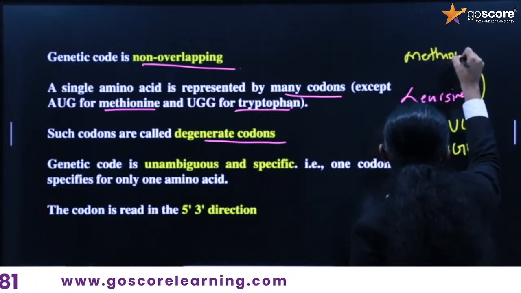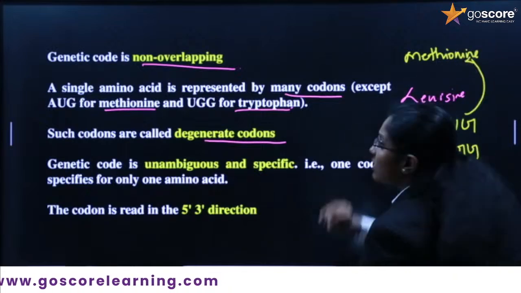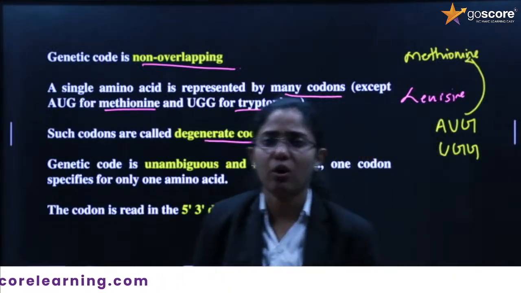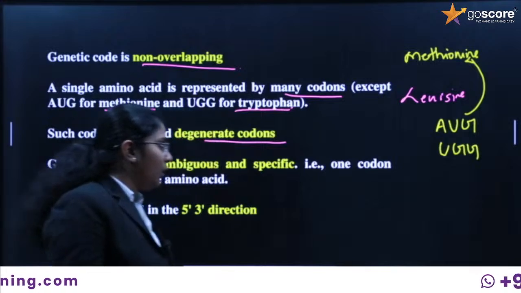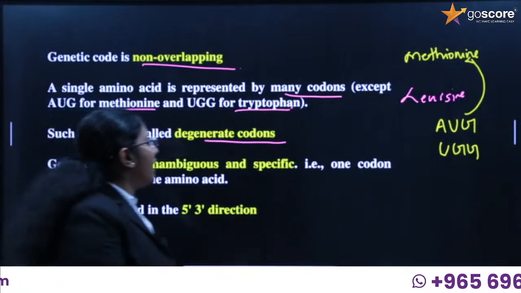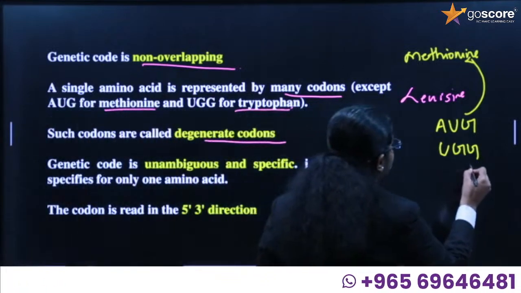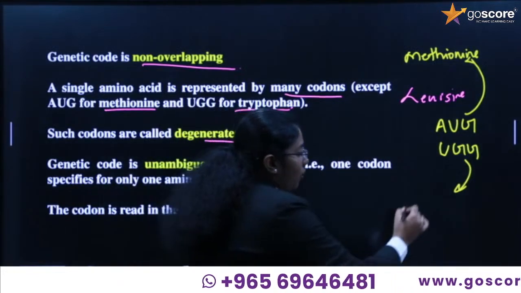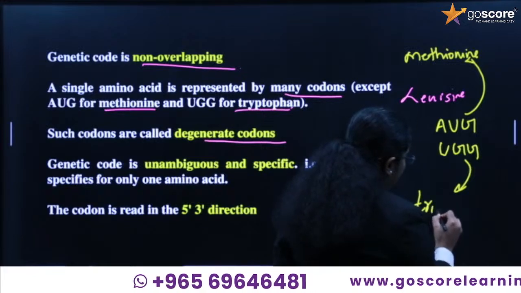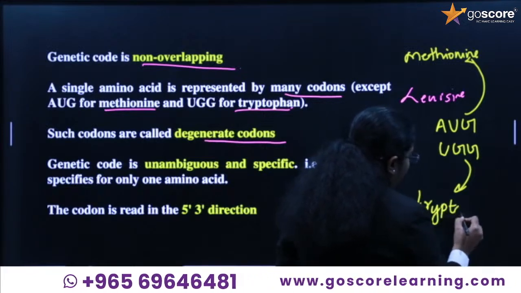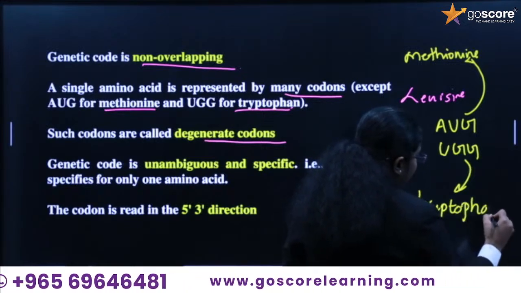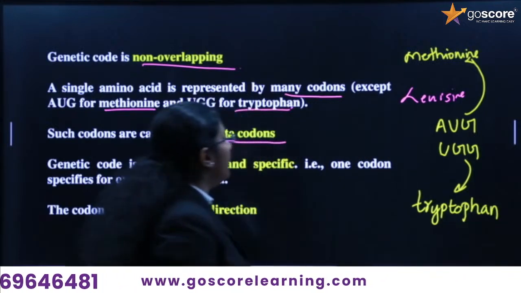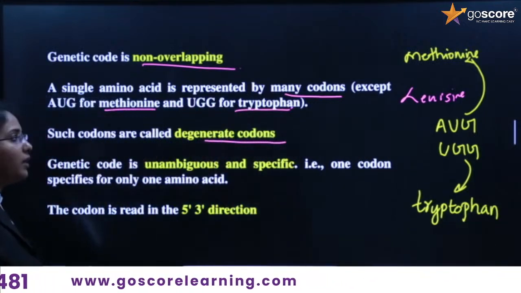It is the initiation codon, the starting codon, both in prokaryotes and eukaryotes. Whereas UGG is coding for one aromatic amino acid, that is tryptophan. It is very important.